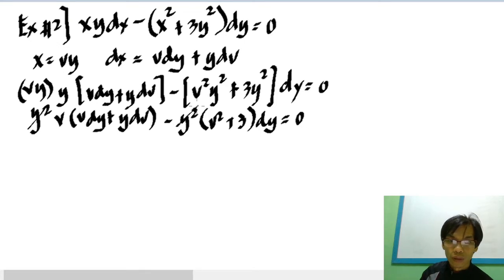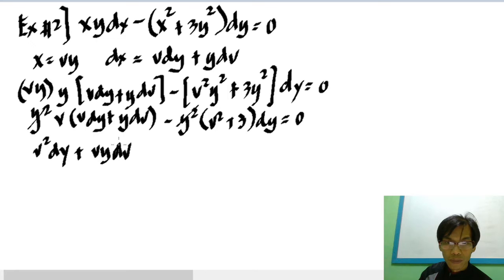Now we have v squared dy plus vy dv. Let's distribute that one, minus v squared dy minus 3 dy, and that is equal to 0.